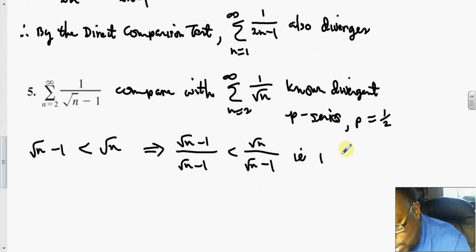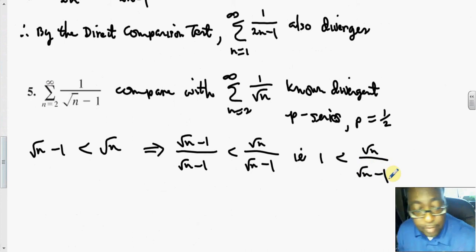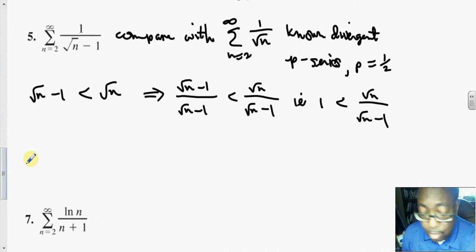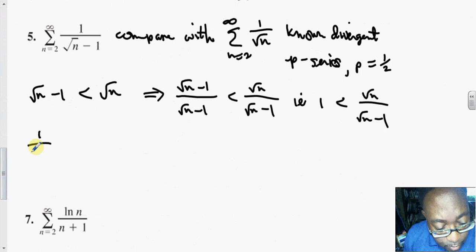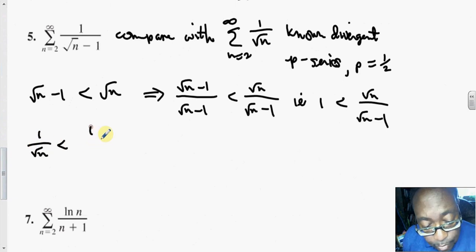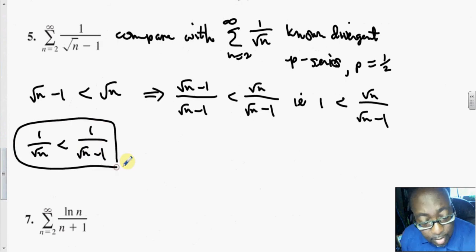That is, 1 is less than the square root of n all over the square root of n minus 1. Now divide both sides by the square root of n. So we get 1 over the square root of n is less than 1 over the square root of n minus 1.